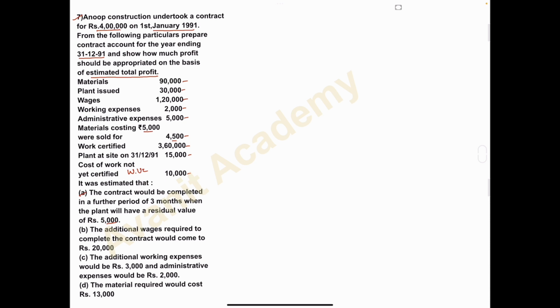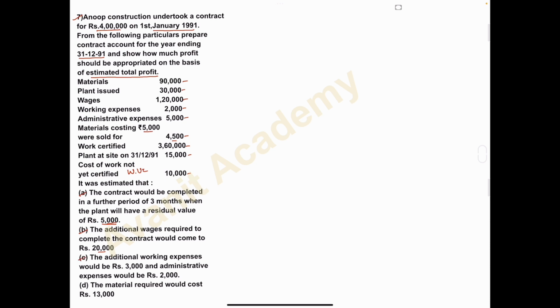The contract is of 1 year but will extend for 3 months and till then the plant will have a residual value. Residual value means the estimated value of a plant after it is fully depreciated. So the residual value of plant is rupees 5,000. B. The additional wages required to complete the contract would come to rupees 20,000.